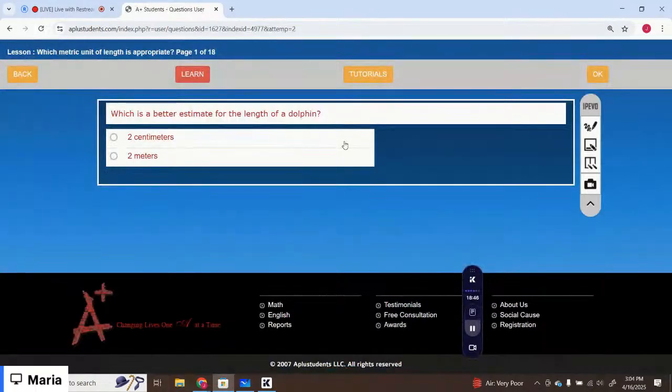Which is a better estimate for the length of a dolphin? That is 2 centimeters or 2 meters. So which is the correct option?